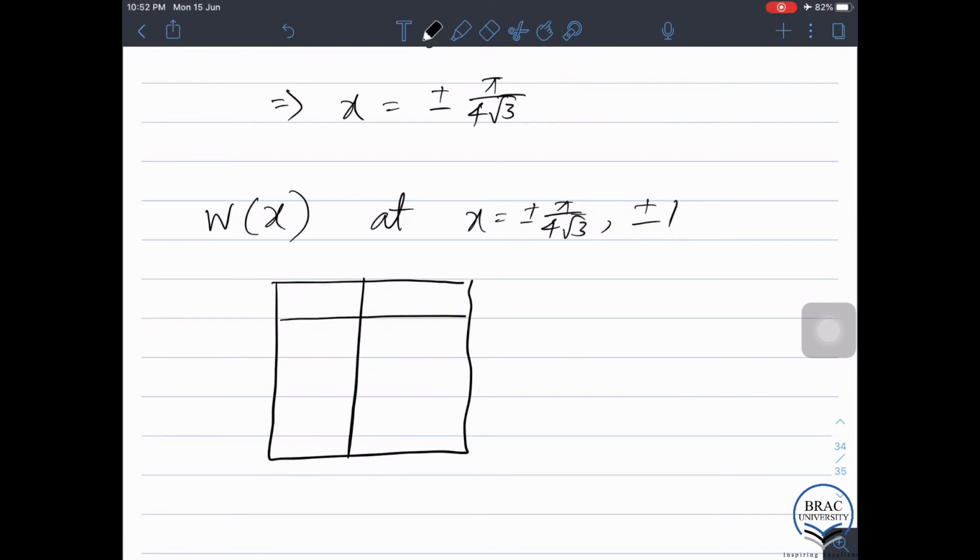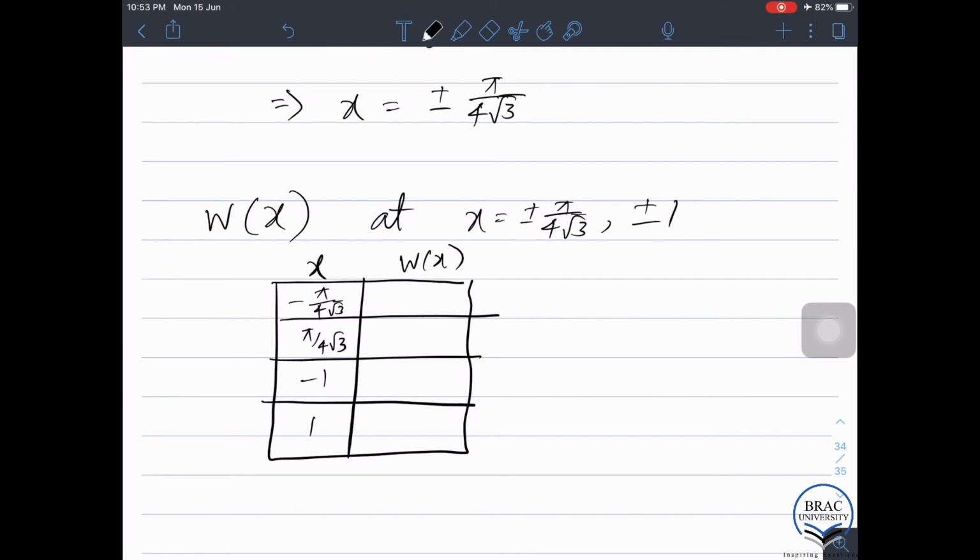So what you do, 1, 2, 3, 4, that's all I need. This is x and this is your w of x. You plug in these 4 values: minus pi by 4 root 3, then pi by 4 root 3, then minus 1, then 1.